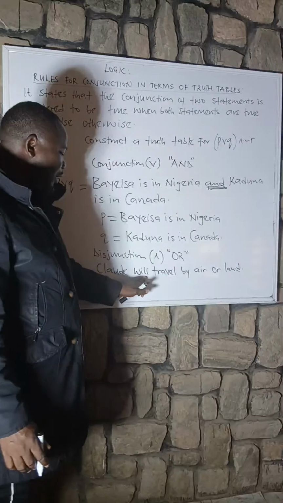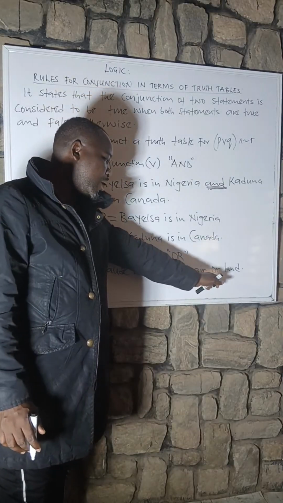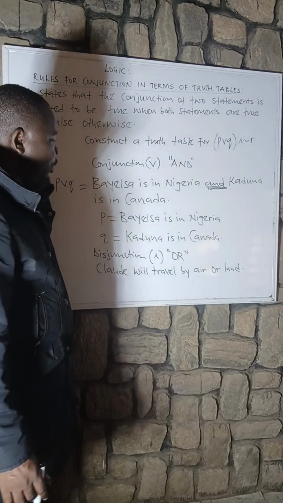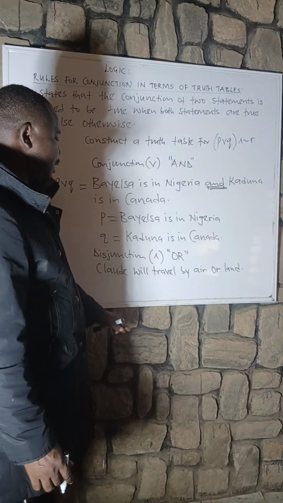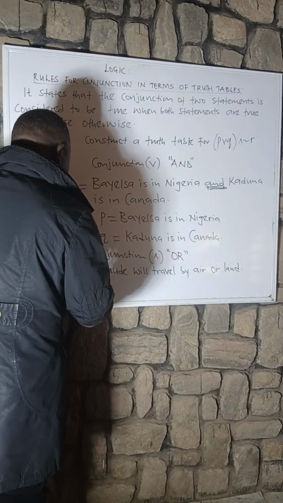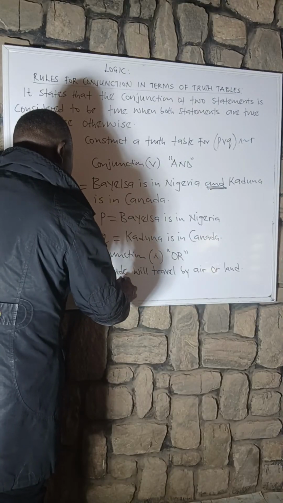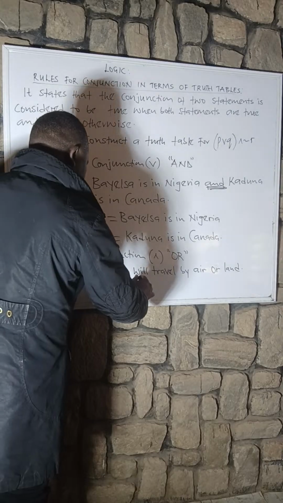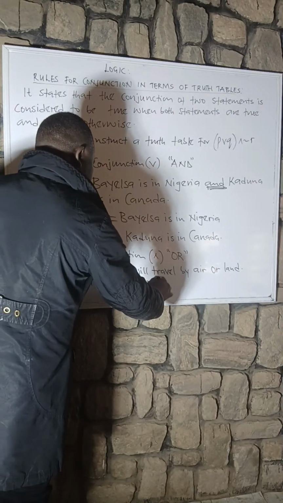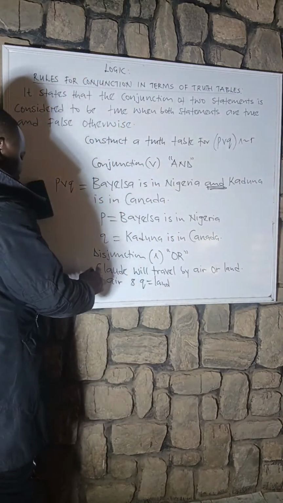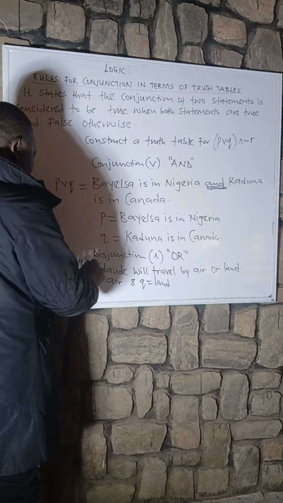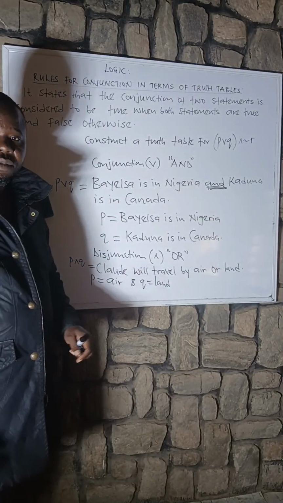Clouds will travel by air or what? Land. So if we want to look at it, we may say let P be equals to air, and Q will be equals to land. So now the disjunction of this statement is this. Take note. Do you understand?